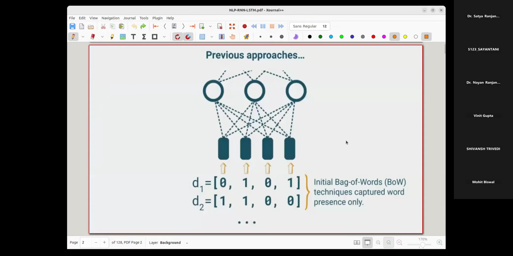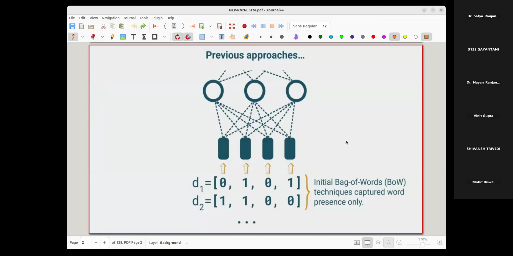So till now, to process any text using a deep learning model or neural network, your first job is to convert the documents into vector form.